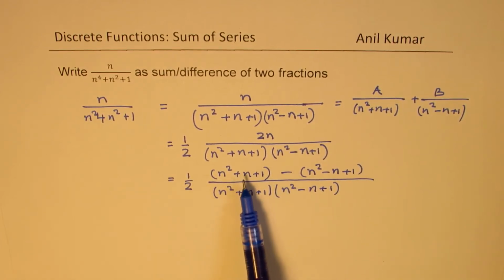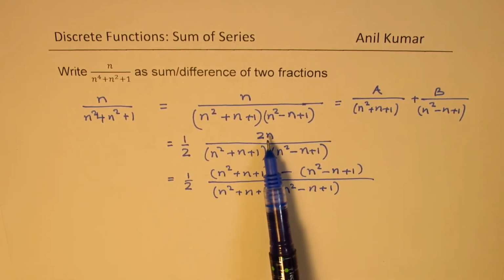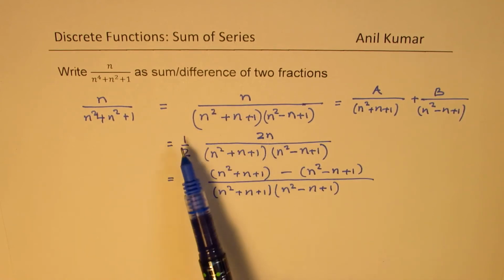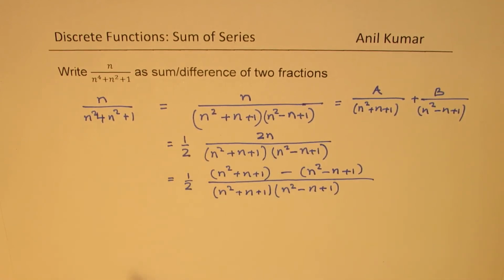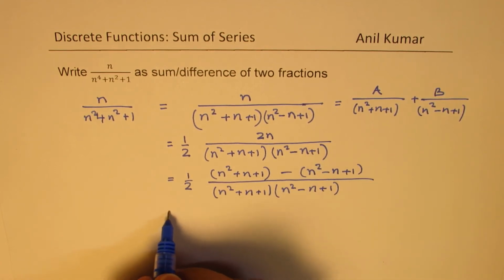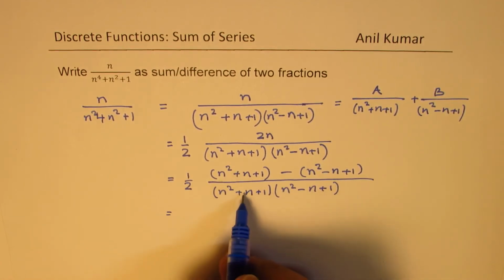We found that when you subtract these two, you get 2n, and that was the idea of dividing this by 2 and multiplying by, right? So now we get our fraction, right? So we could write this over that, right?